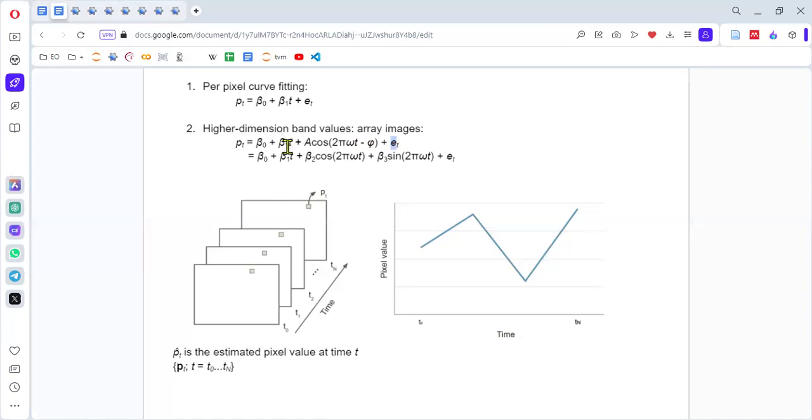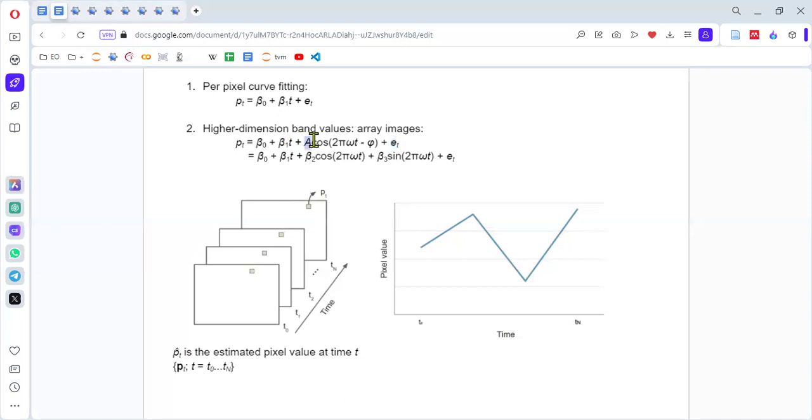So when t equals 0, it basically represents the baseline value of the dependent variable, and then we have beta 1 t, and this is the slope coefficient, and it indicates the linear trend over time. So if beta 1 is positive, P sub t will increase over time. If negative, P sub t will decrease over time.